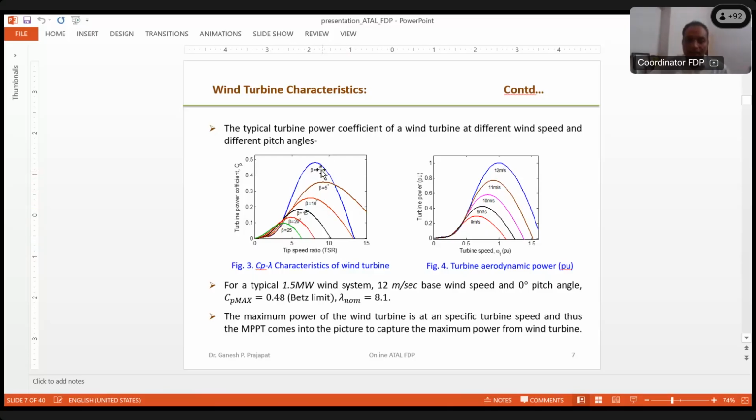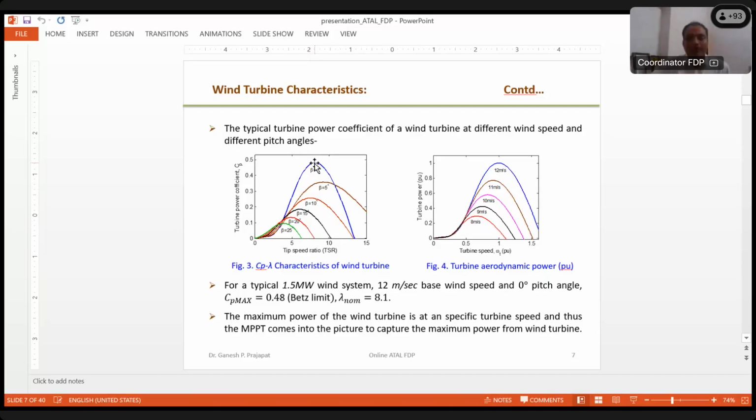It has a higher value at a specific TSR, or a specific turbine speed. The turbine speed at which the maximum power is being extracted, or the maximum turbine power coefficient is there, is known as the optimal turbine speed.